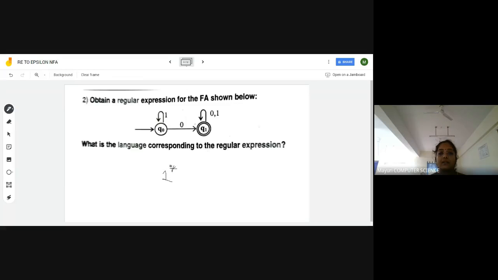Correct. 1 star followed by what? 0 followed by 1 or more number of times, or 0 or more number of times, because I am already in Q1, the final state. So I will write either 0 or 1 star. What does it mean? I may go with 0 also to the final state.